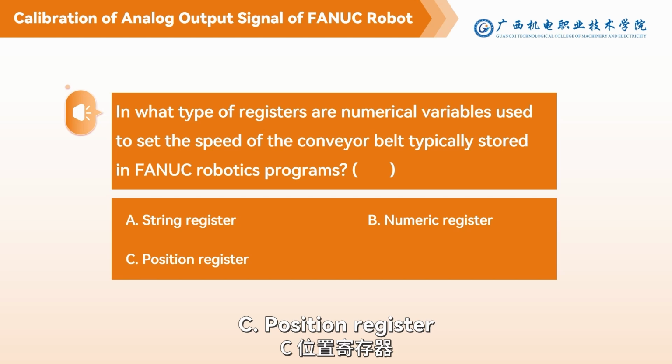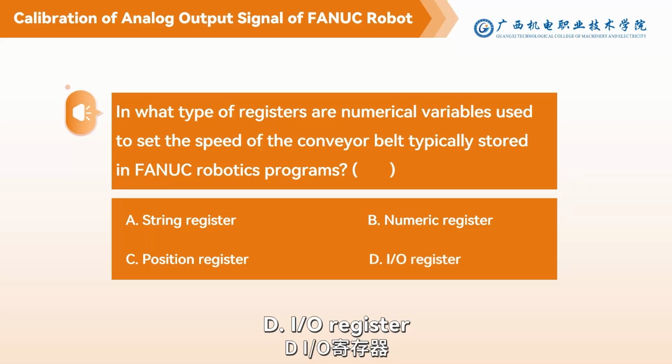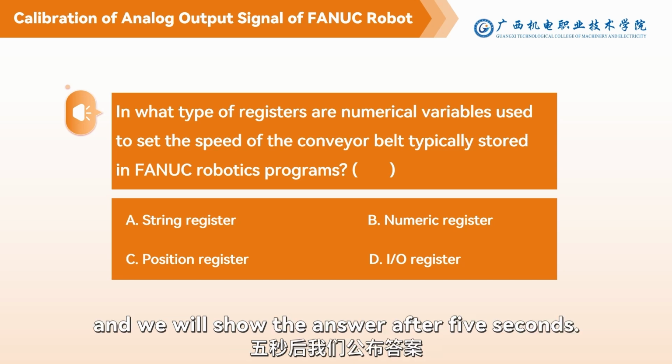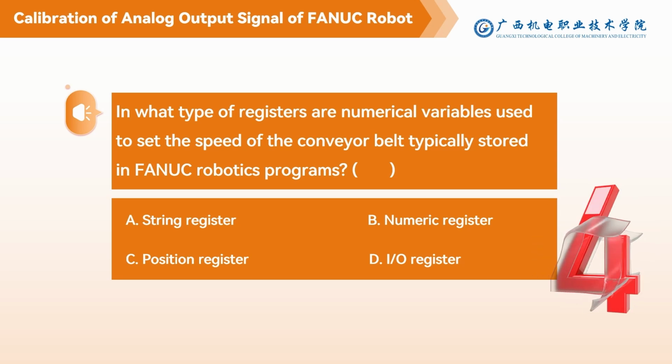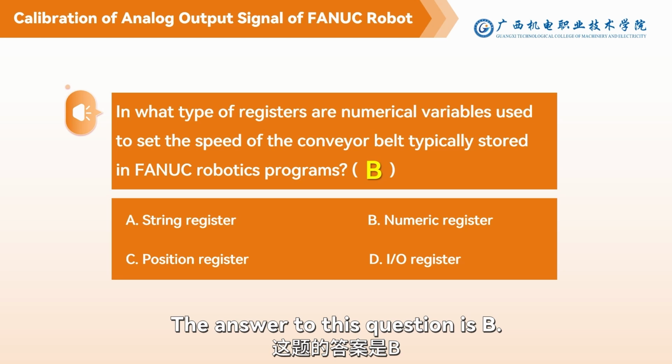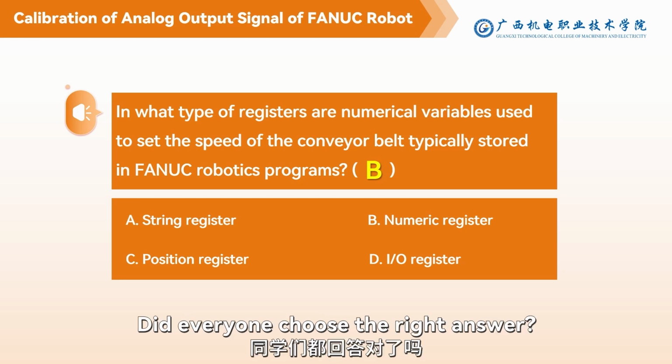C. Position register. D. I/O register. I will give you 5 seconds to think, and we will show the answer after 5 seconds. The answer to the question is B. Did everyone choose the right answer?